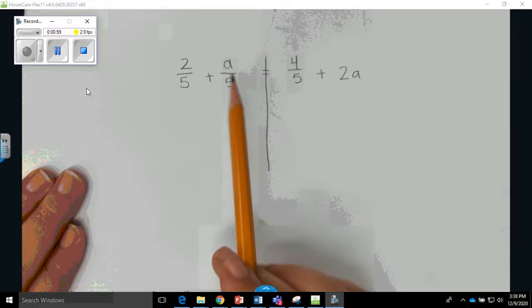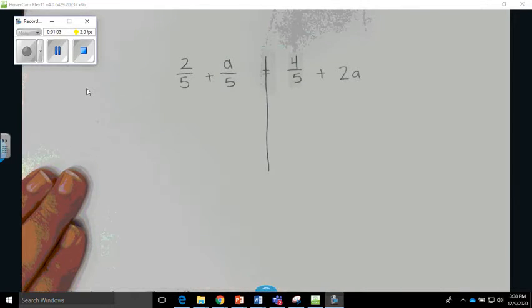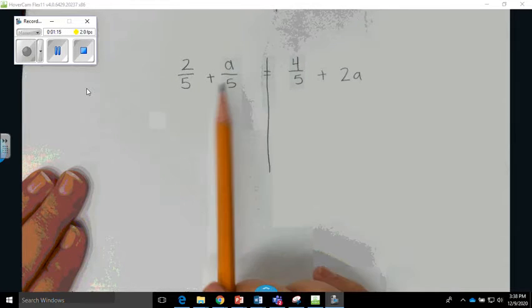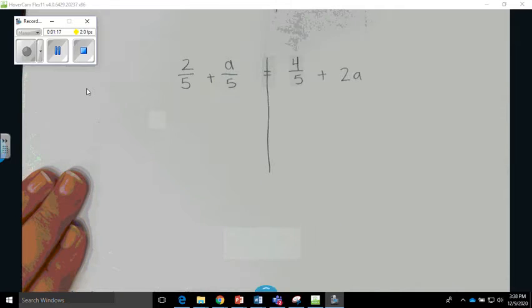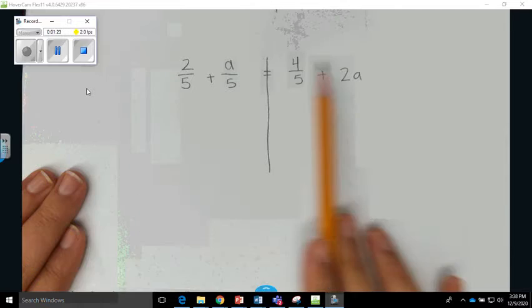So let's take a look at what's the hardest part of this problem, that a over 5. We want to get rid of that 5. Well, how do you get rid of divided by 5? You use the inverse, multiply, of course. So typically, I would just do it right here. But because this is a very special problem, we want to times it by 5 for everything.